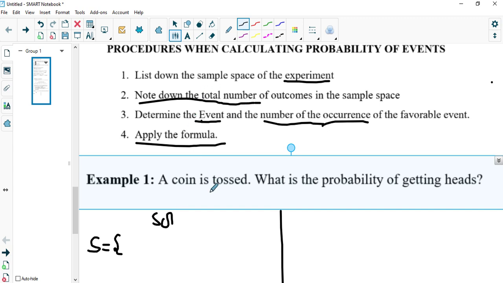When you toss a coin in your experiment, what are the possible outcomes, what can you get? You will see that when you toss a coin you cannot get 1, you cannot get 2, you cannot get 3, there are no numbers. A coin has a head or a tail. So because these are the only possible outcomes, you list the sample space as: the first one should be a head, and the second one should be a tail.